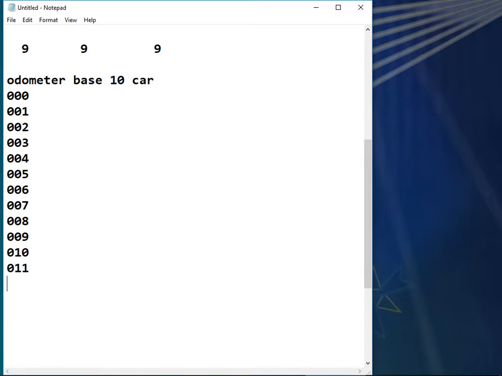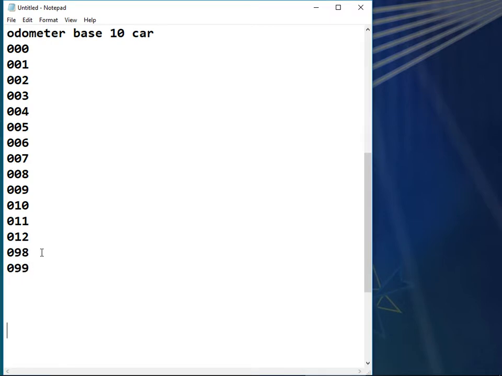Okay, and say we keep cruising, and so on. And eventually we get to 98, 99. We go another mile. Again, we have maxed out this column. The ones column, the 10 to the power of zeros column is maxed.